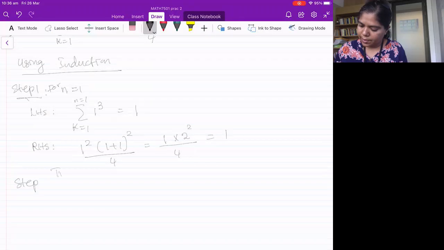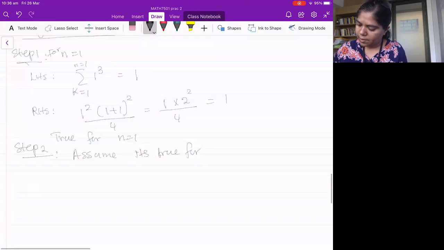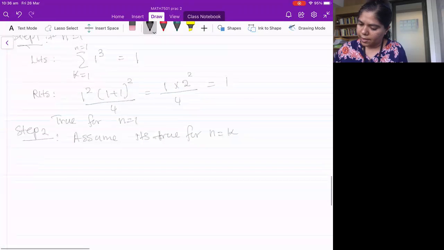So step 2 is assume it's true for n equals k.